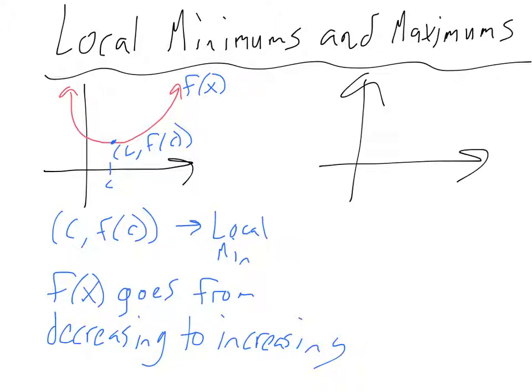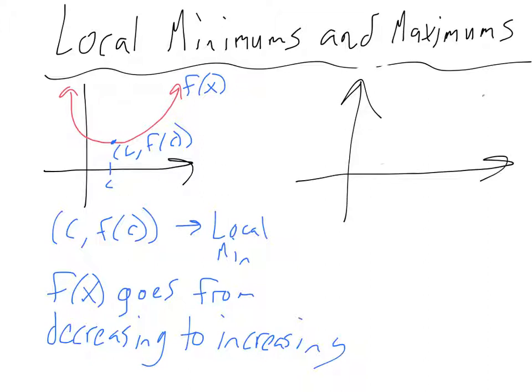And on the other hand, if we have a function that goes from increasing to decreasing at a specific point, then we would say that point where it goes from increasing to decreasing, we'll call this point once again c, f of c.